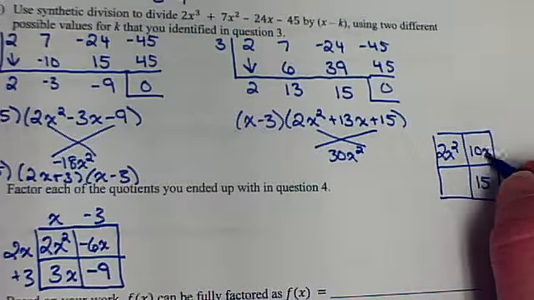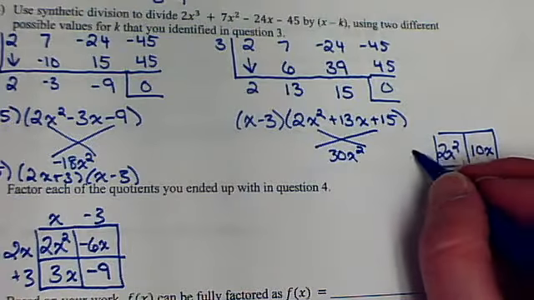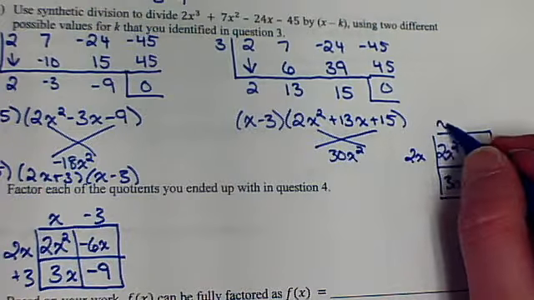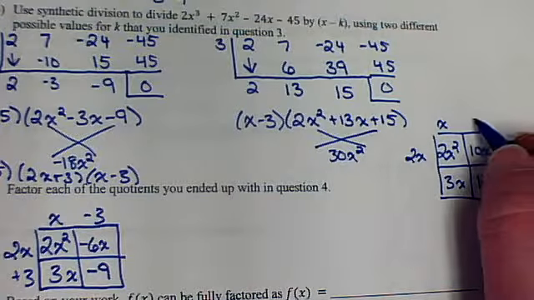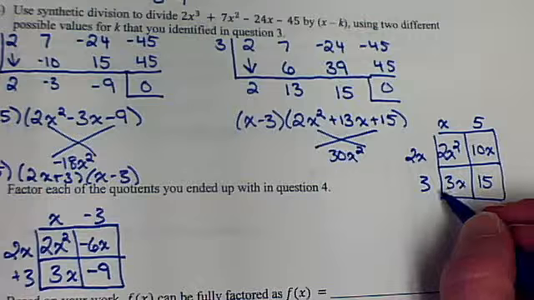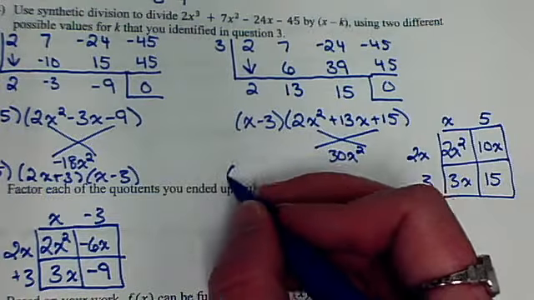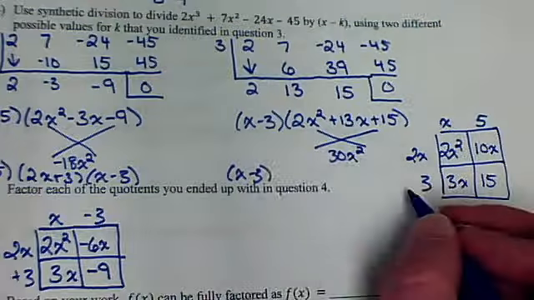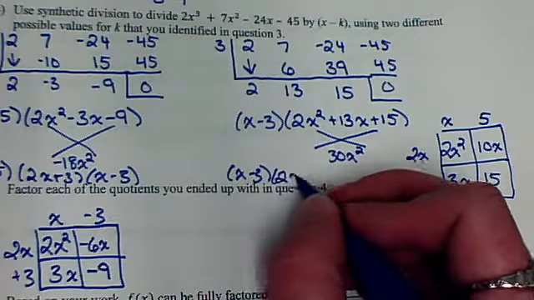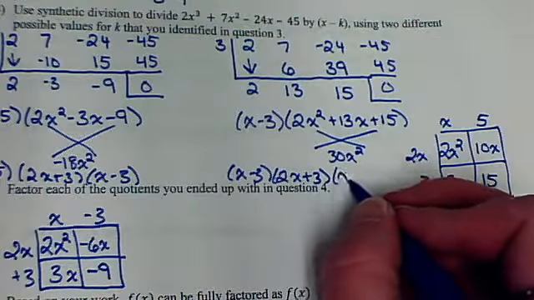That's 10x and 3x. What goes into those? 2x. 2x times x is 2x squared. 2x times 5 is 10x. x times 3 is 3x. And 3 times 5 is 15. So on this side, I would have had x minus 3. And then these factors are 2x plus 3 and x plus 5.